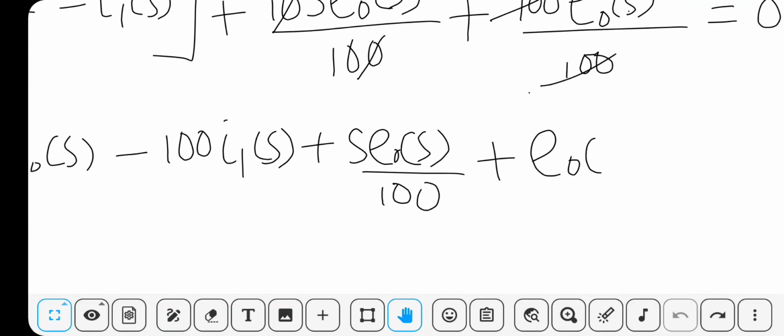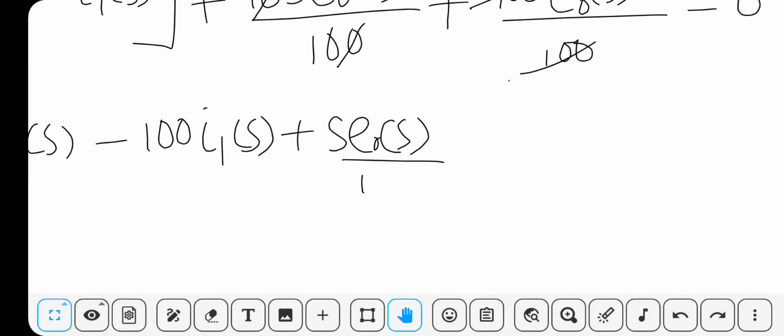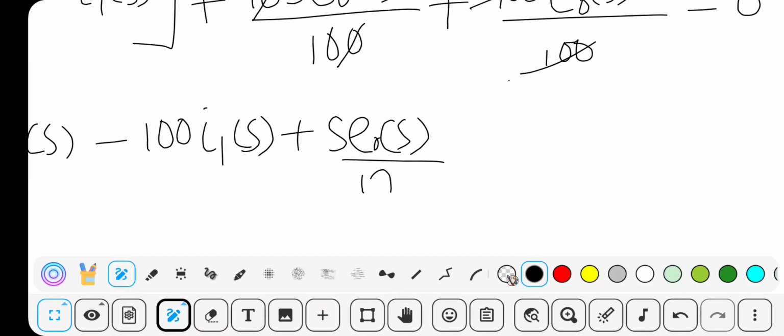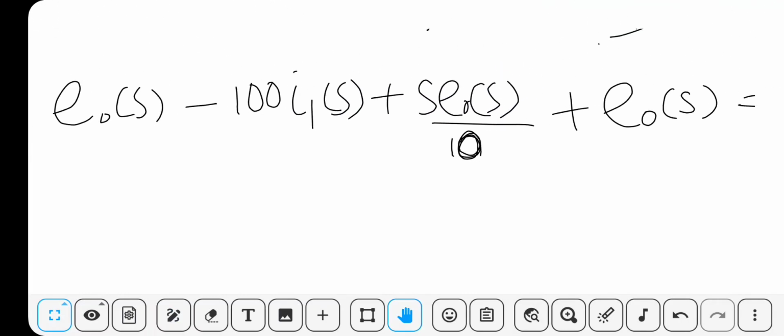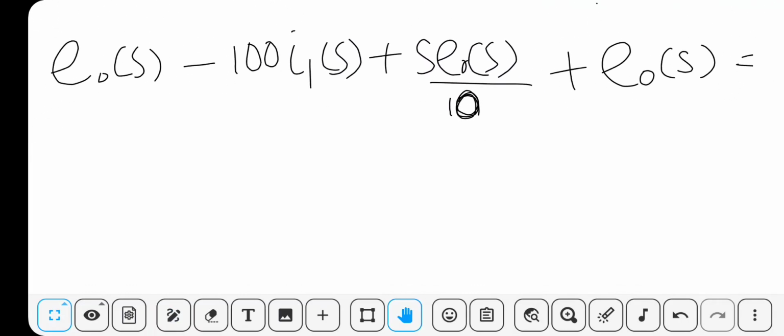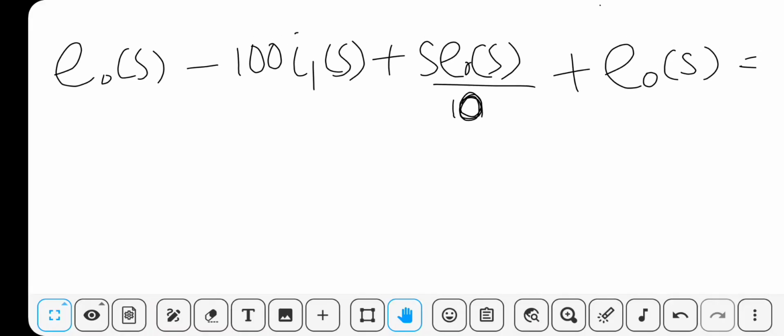Sorry, this is no longer 100, it's now 10 plus is equal to 0. So now from here, make I1 of s subject.